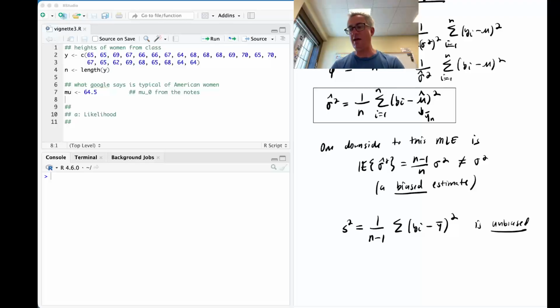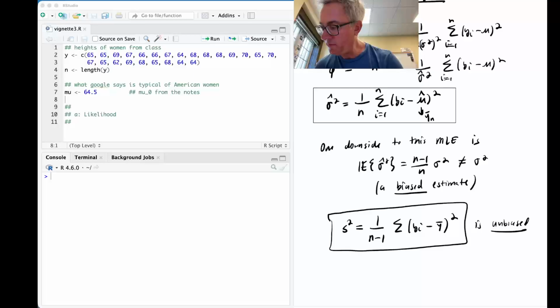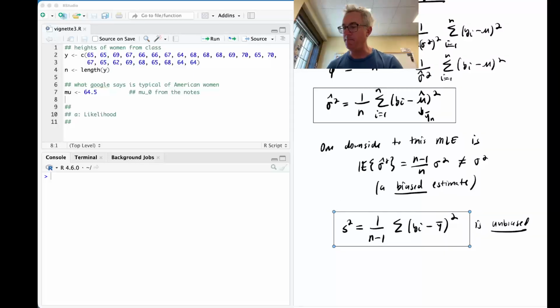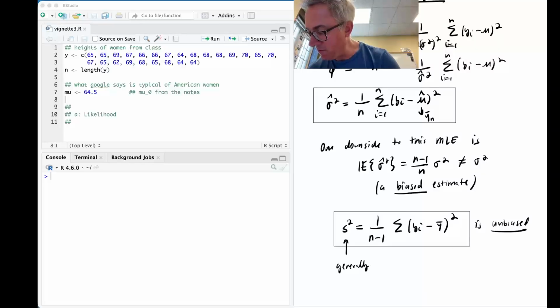And it's known as S squared. Okay, so this is an unbiased estimate. So this is generally preferred, and that's what we will use primarily going forward. So S squared is an unbiased variation on the MLE.